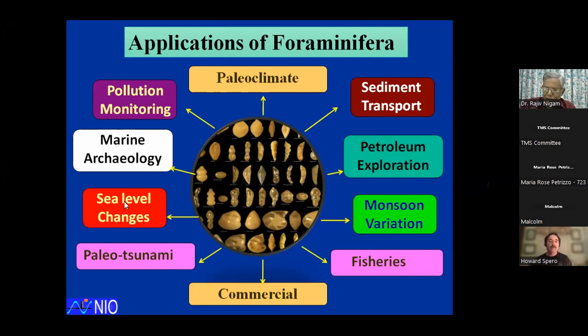Sea level changes and monsoon together give an idea how foraminifera can be used in marine archaeology. And we'll talk today about pollution monitoring. But foraminifera can be used in all these applications. So let us see how they are useful in pollution monitoring.